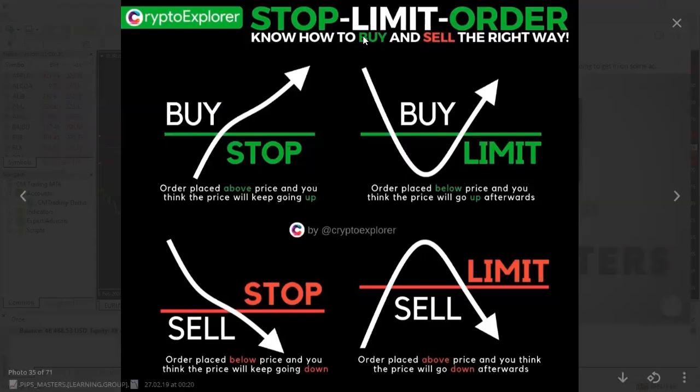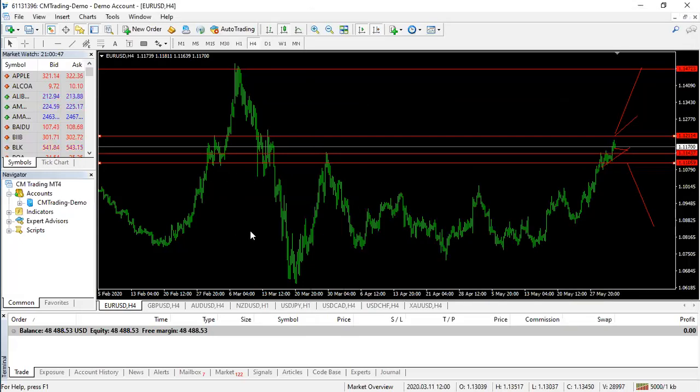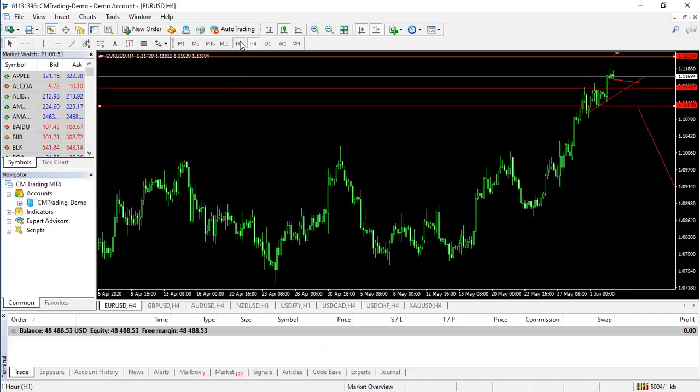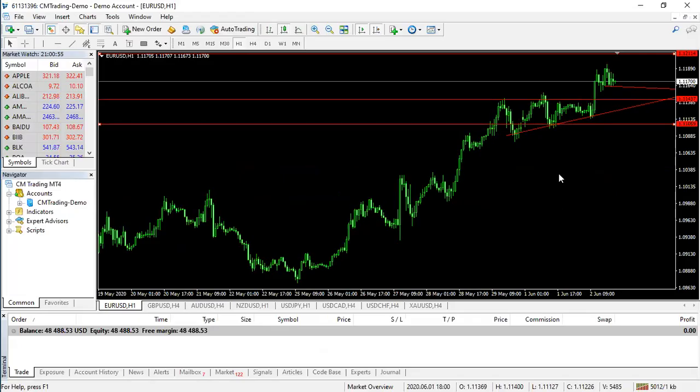Okay, so let's look at this. Sorry about that. Let's just share the screen. So in this case, we're going to look at this market. Okay, we're using EURUSD. So far we've agreed this market can buy and can sell, right?